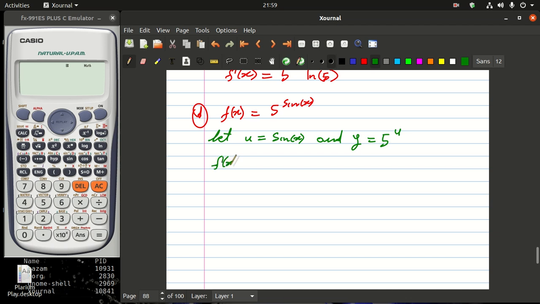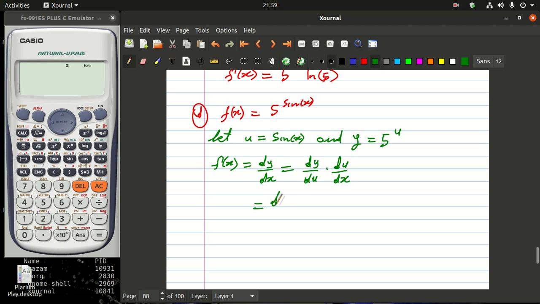And then now the derivative, f prime of x, is going to be the same as dy dx. But here my y is in terms of u, so I cannot take it with respect to x. So I have to take the derivative with respect to u first, and then take the derivative of u with respect to x. I will be able to get that whole thing here.